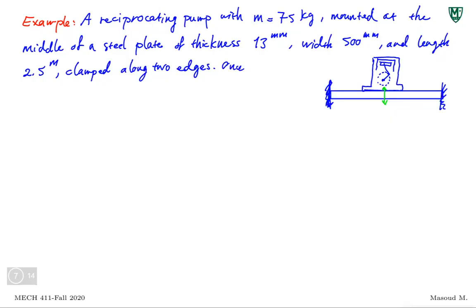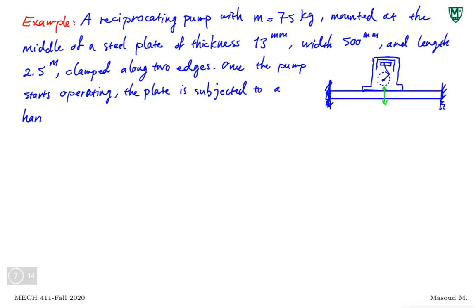Now the question is, once the pump starts operating, the plate is subjected to a harmonic force in the form of F(t) equal to 250, which is F naught, cosine 62.8t Newton.